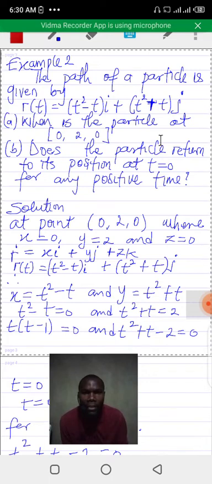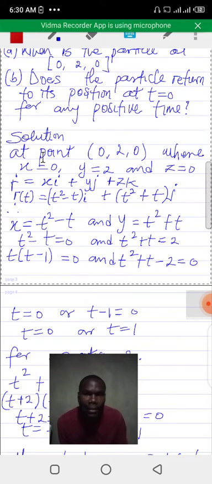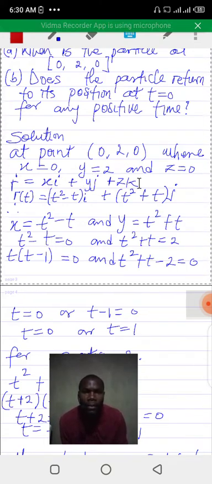B, does the particle return to its position at t = 0 for any positive time? The first thing you need to know is that at point (0, 2, 0), x is equal to 0, y is equal to 2, and z is equal to 0, because this is a 3D position.